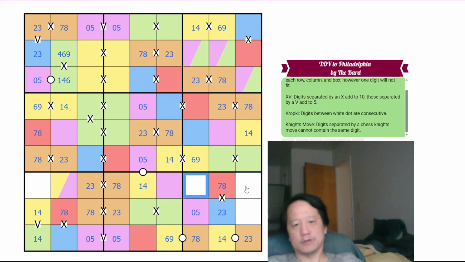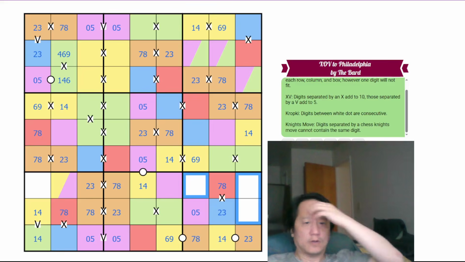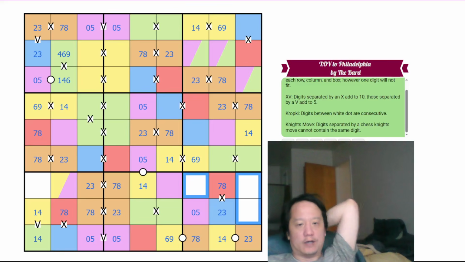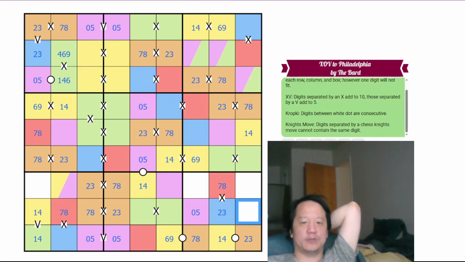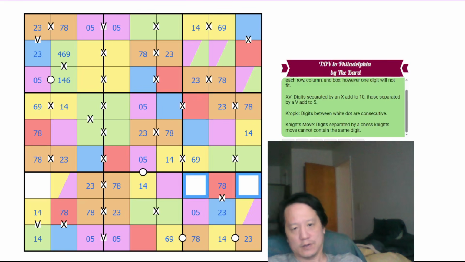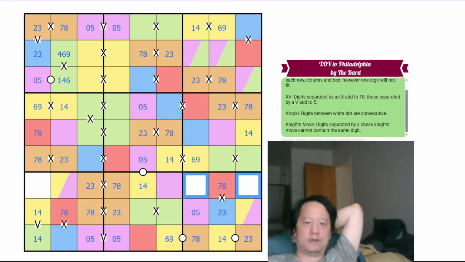Remaining colors here. We have this has to be pink or yellow. These have to be green, pink, or yellow, because both oranges are here.